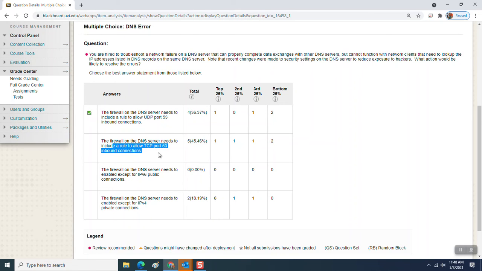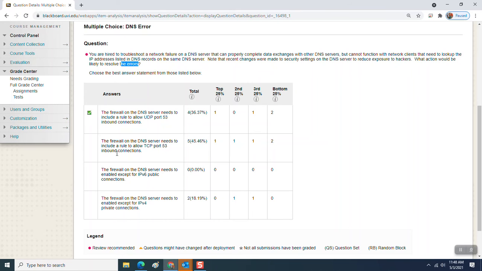Firewall on the DNS server needs to include a rule to allow for inbound connections. Well, actually, a DNS server is querying other DNS servers, and other people control those servers. So having an inbound connection for DNS this way would be good, but that's not going to resolve the client errors.